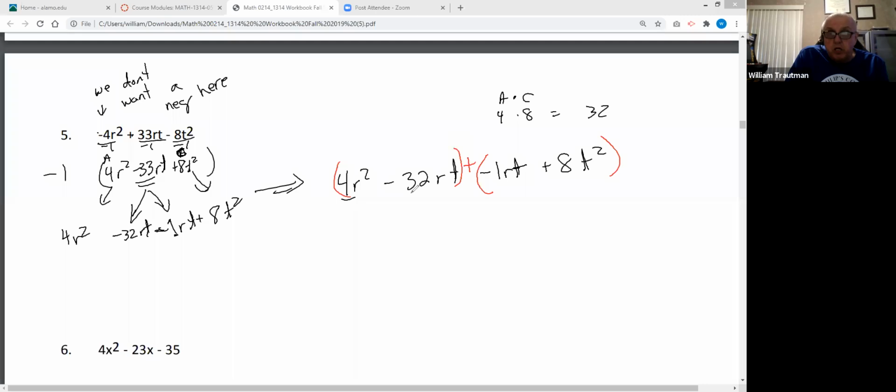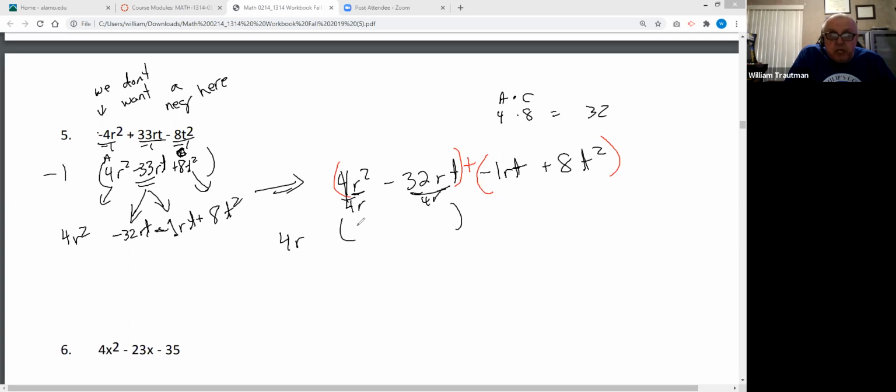With 4 and 32, if you look at that, a 4 factors out. 1 times 4, and then 32 is 4 times 8, so 4 is the largest. Also, there's an R in each, so we're going to factor out an R. There's no T in the first term, so we're factoring out 4R in each one of these. 4 divided by 4 is 1.